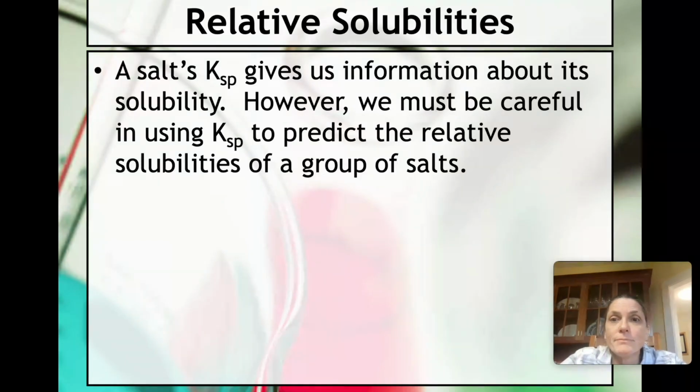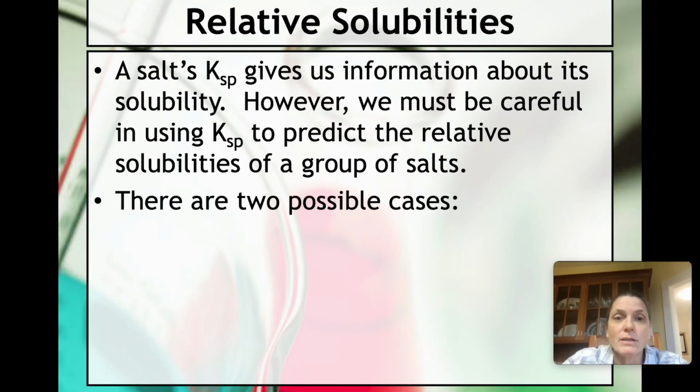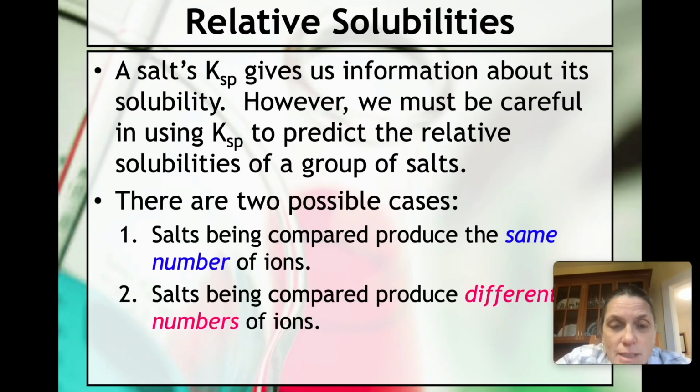Okay, so we can't just compare the value of the Ksp equilibrium constant and say that a substance is more soluble because it has a bigger Ksp or a smaller Ksp, whatever. We have to think about what kind of ionic compound it is. Okay, so there's 2 possibilities.